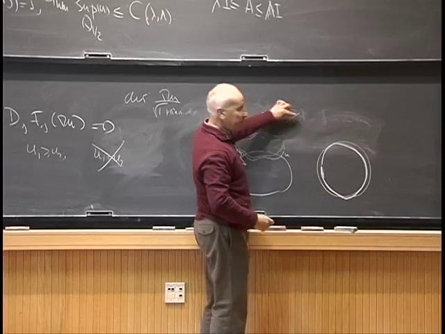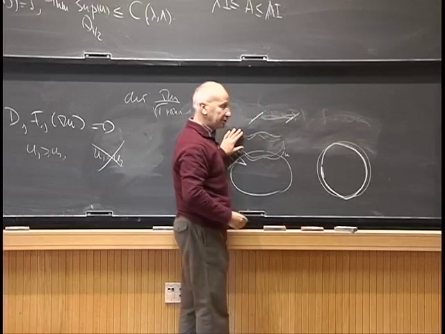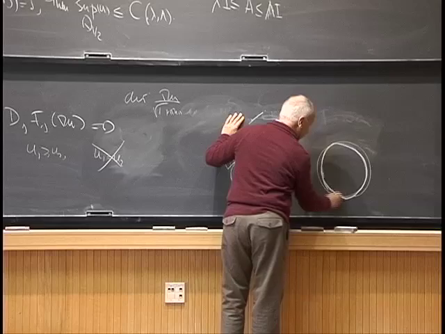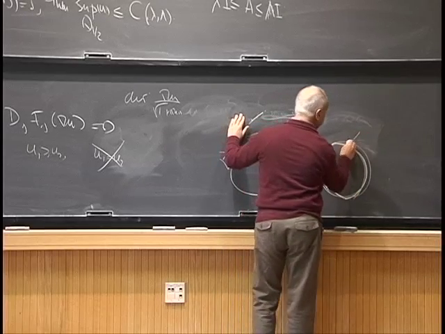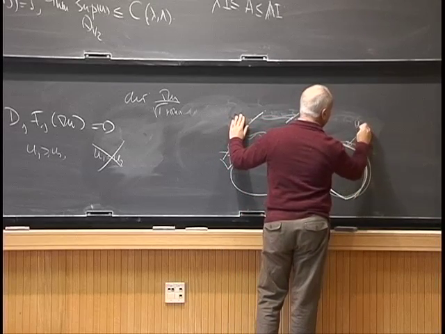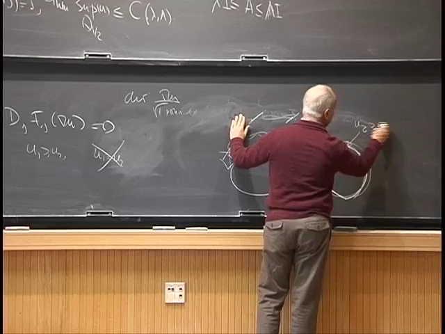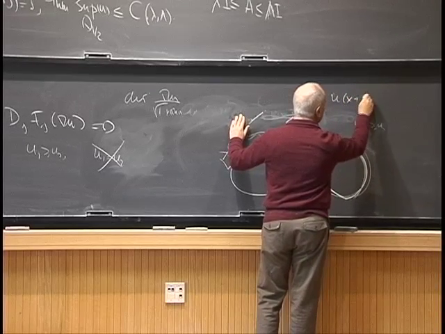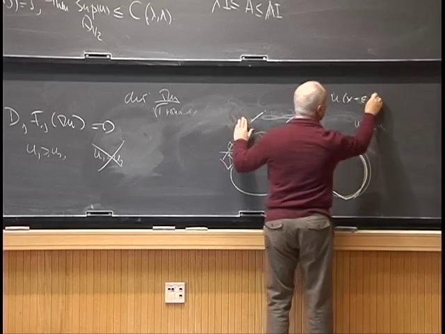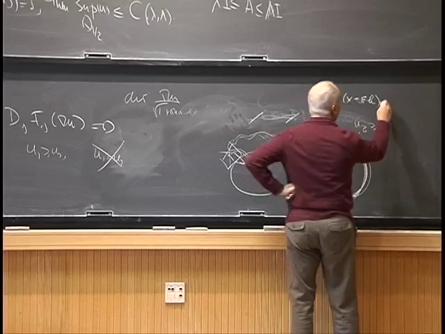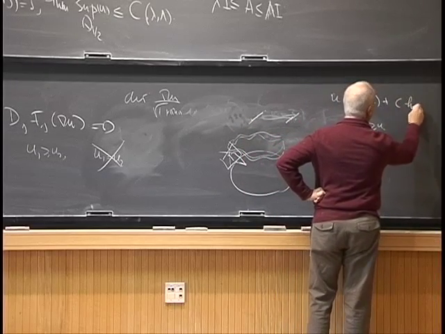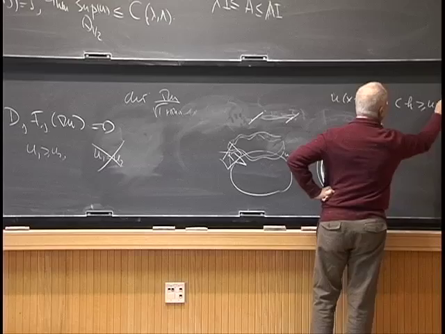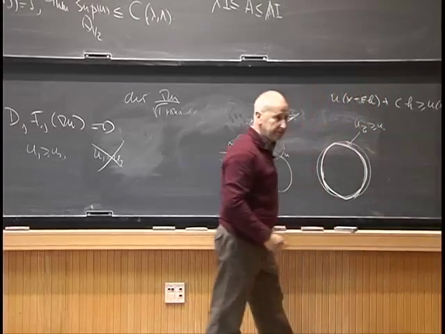Okay, and since I know Lipschitz at the boundary by using the planes, then I know that along here u translated is bigger or equal than u. That is, u of x plus epsilon h, minus plus a constant times h, is bigger or equal than u of x along the boundary. Okay.